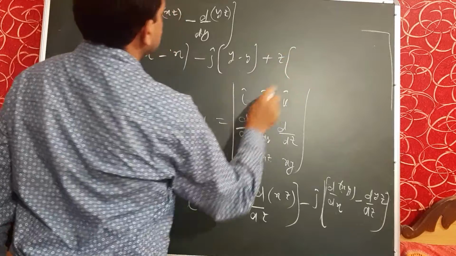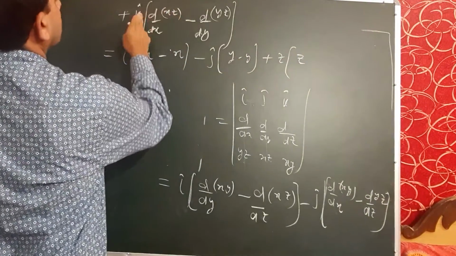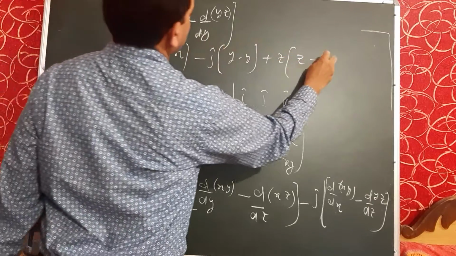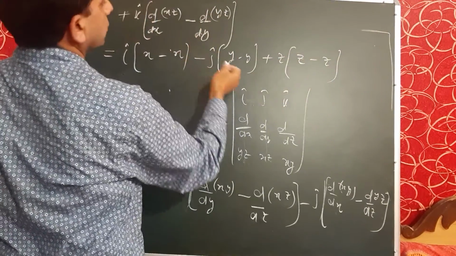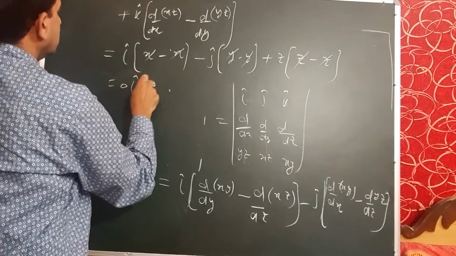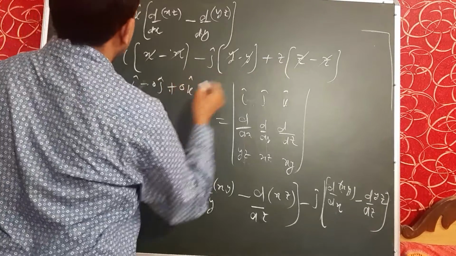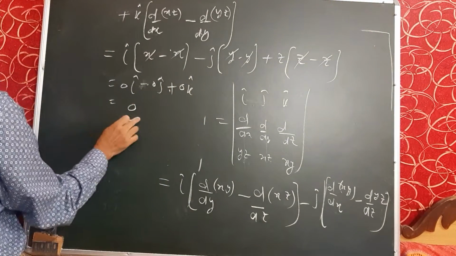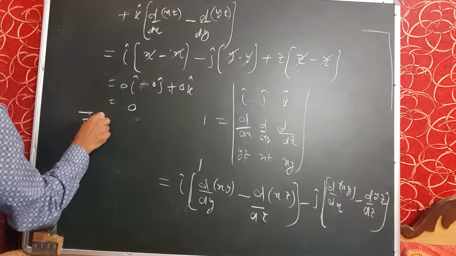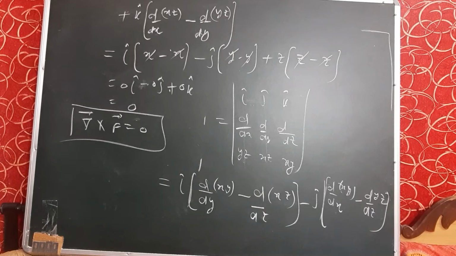Similarly for k, z is common, so z minus z. So it is 0i, 0j and 0k, so it is again 0. So the curl of this vector comes out to be 0. So we can say that this force is conservative in nature.